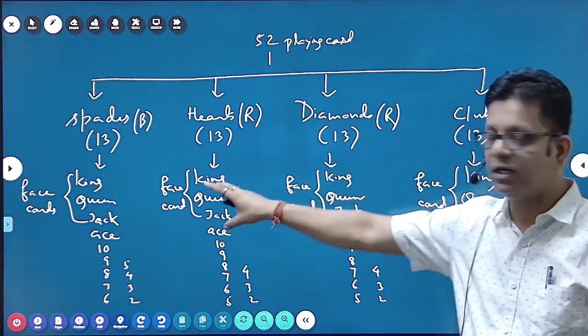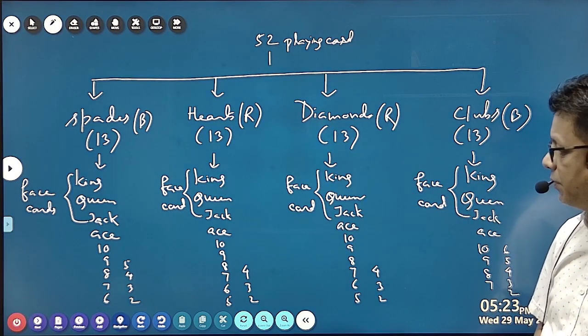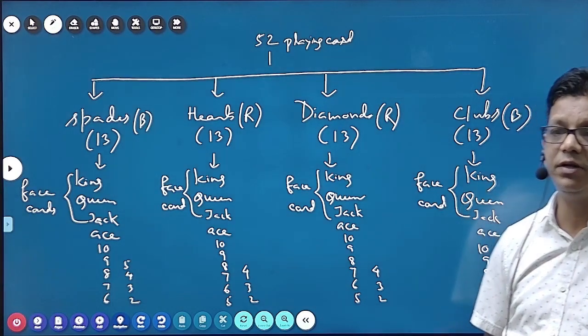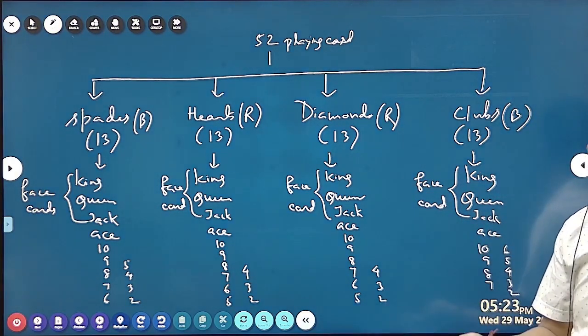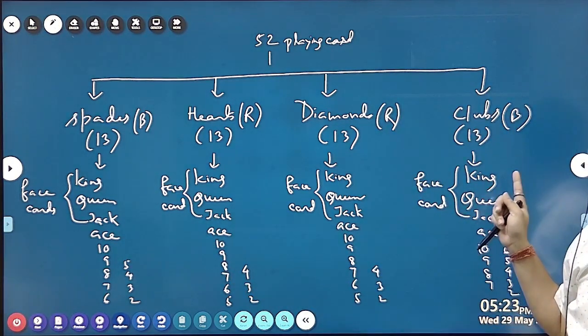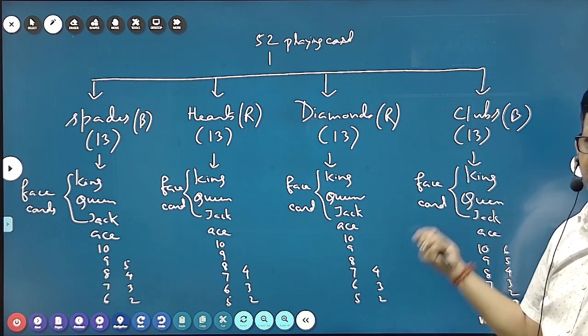What is the probability of getting a 5 card, color not given? So all colors you have to take. In every category 1, so 4. What is the probability of getting the number 5? 4 are there.